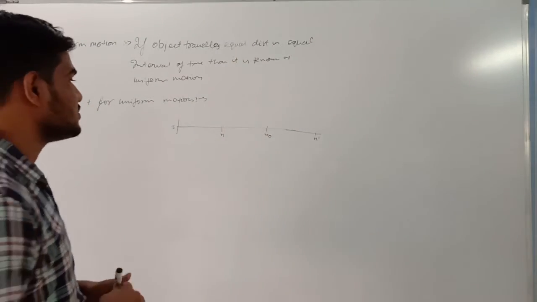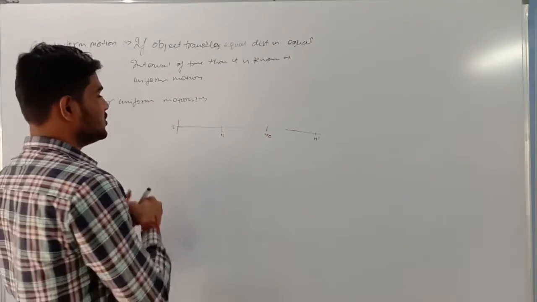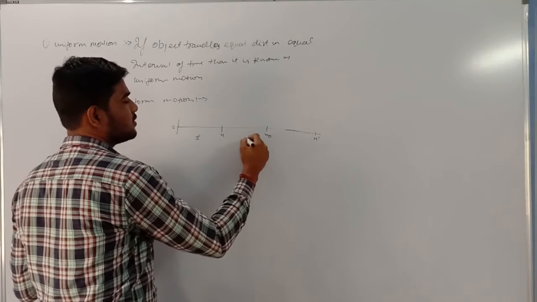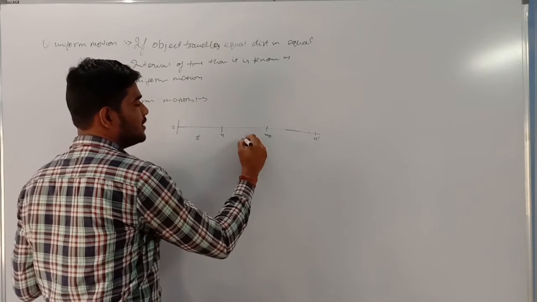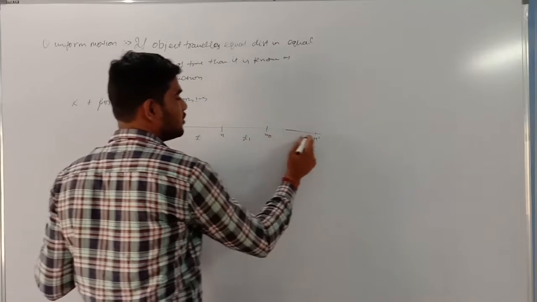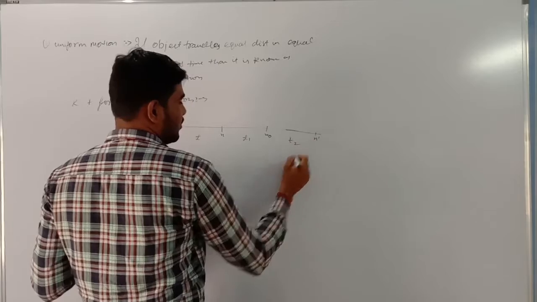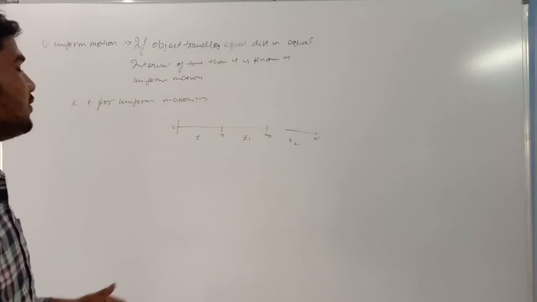So the time taken from 0 to x will be t, from x to x naught it will be, let's say, t1, and from x naught to x dash it is t2. Okay, so what will be the formula of uniform motion?